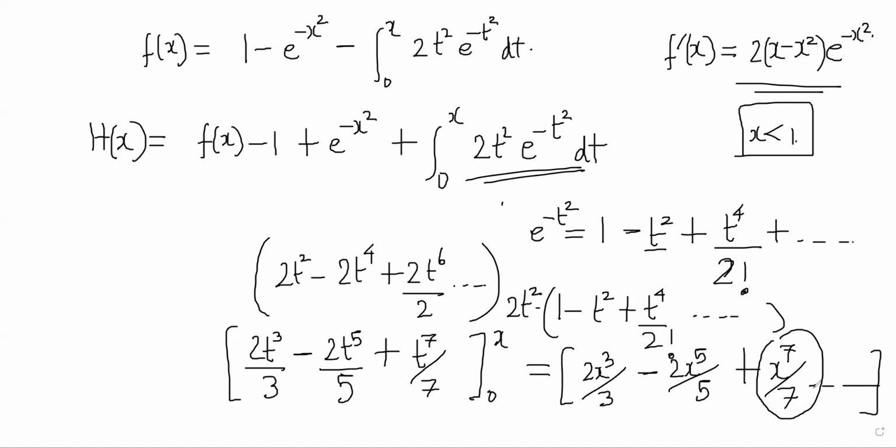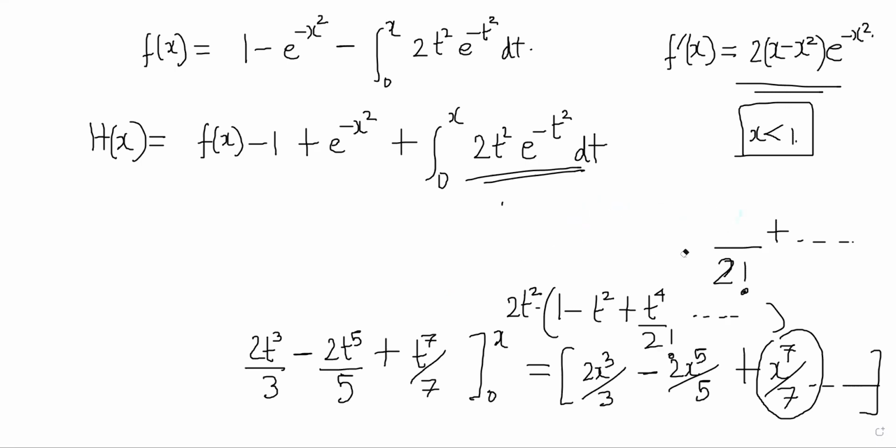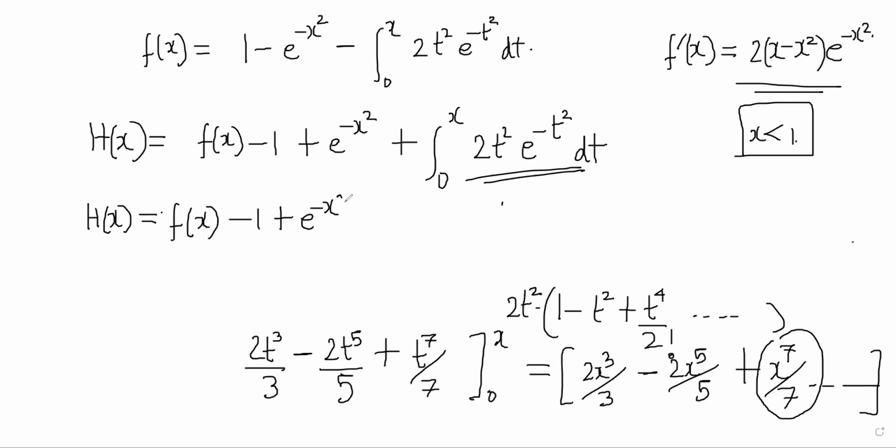The x power 7 by 7 terms will become really small. So in that case, if x is less than 1, we can say that h of x is becoming f of x minus 1 plus e power minus x square plus 2 by 3 x cube minus 2 by 5 x power 5, and we can ignore the higher order terms here, right? This is for x belonging to 0 to 1.